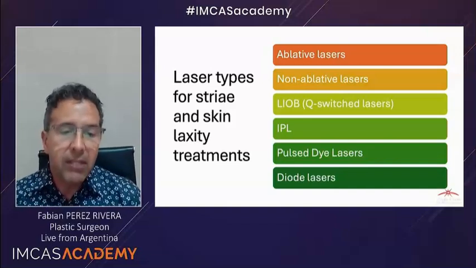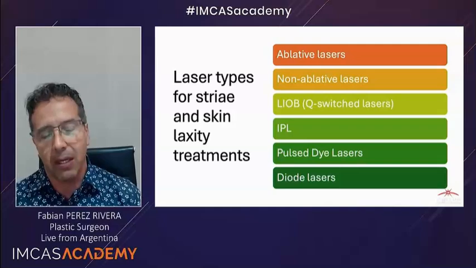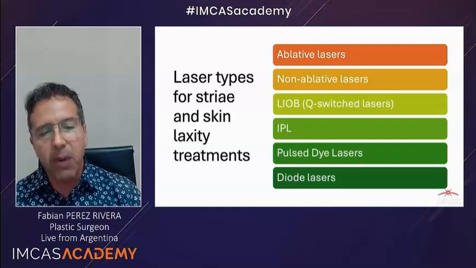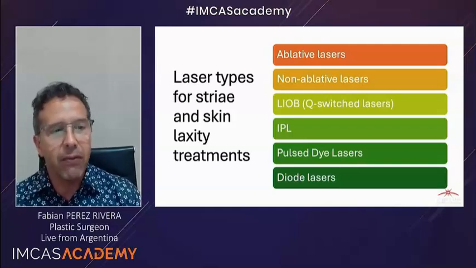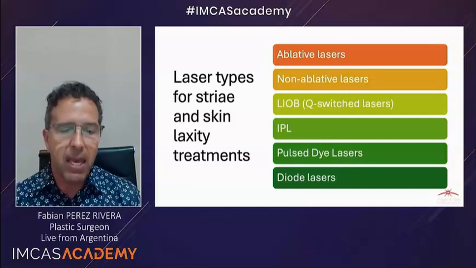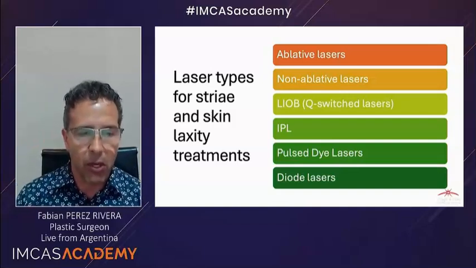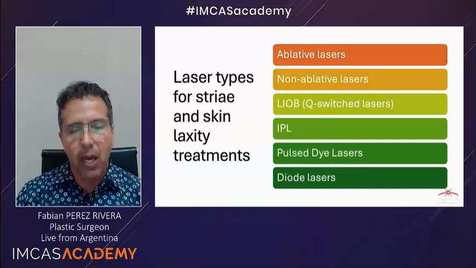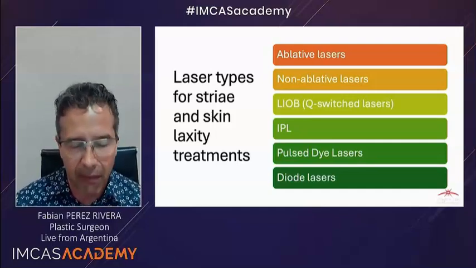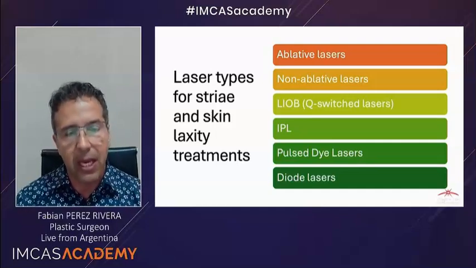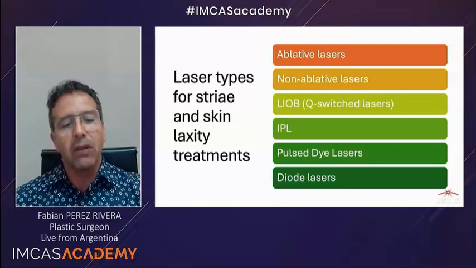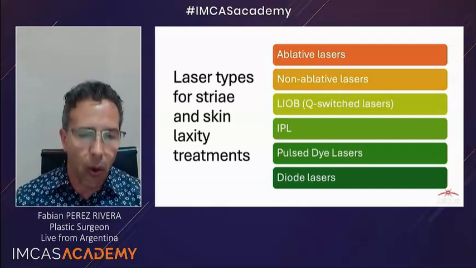But in the first 6 months of this kind of striae development, it's better if I use any kind of vascular laser, like IPL, pulsed dye laser, or diode laser, because we can reduce the erythema, we can act over the vessels, reduce their quantity, and by this, we can reduce the size of the striae or the scar.